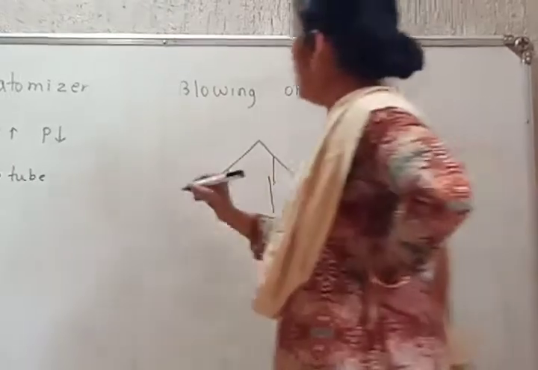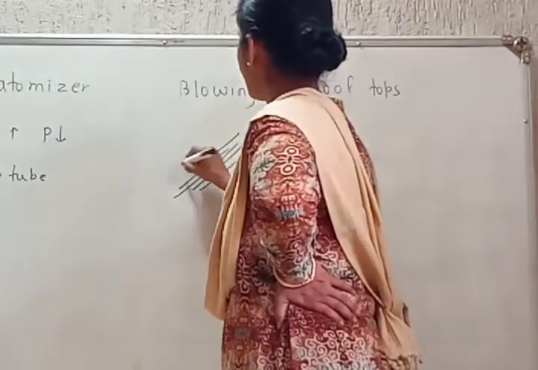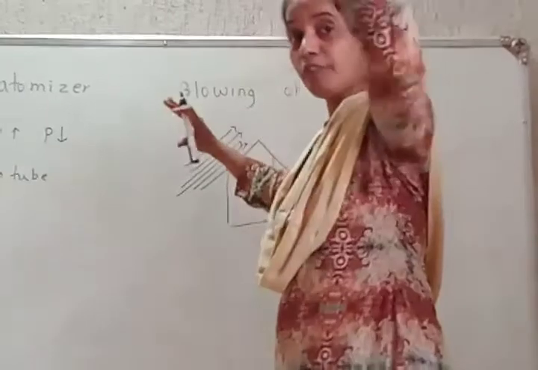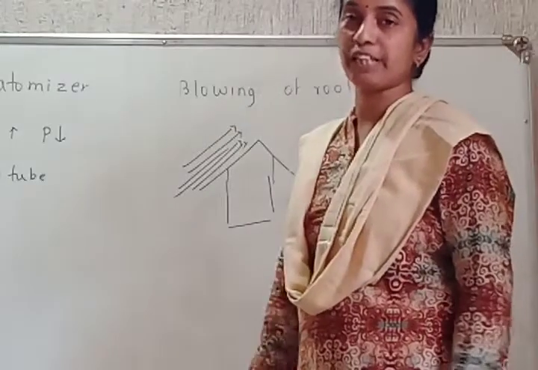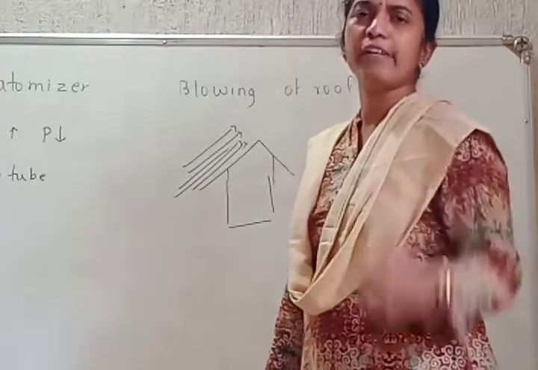Okay? Wind blows with very high speed on the rooftop. The speed of air, that is wind, on the top of the roof, above the sheets, is very very high.